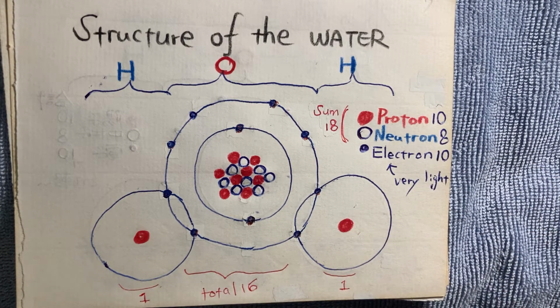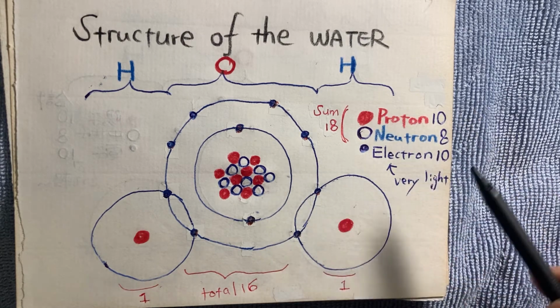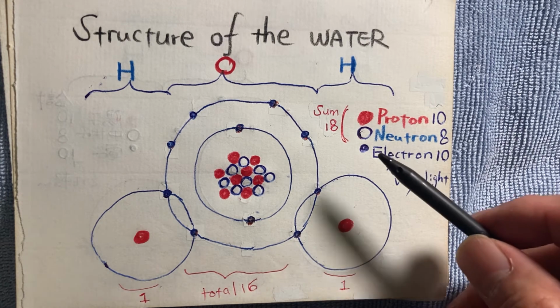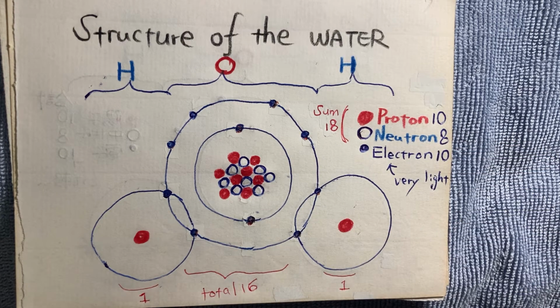The molecular weight is the sum of protons and neutrons in the molecule. The electron is very light. Electrons are much lighter than protons and neutrons, so we can ignore them.